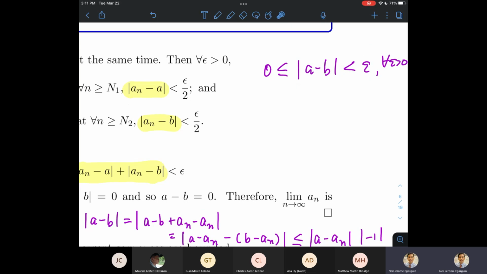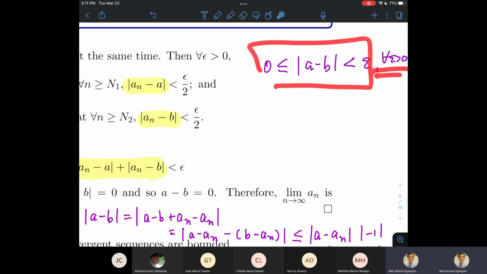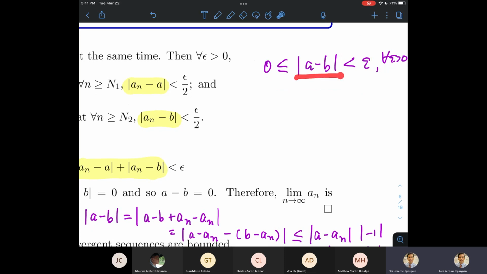So yun yung intuition dito. Kapag nakita ka ng ganito, natotoo siya sa lahat ng epsilon greater than 0, so dapat itong nasa gitna ay equal kay 0. Kasi kung hindi siya 0, imposible nang maging mas maliit siya sa lahat ng positive real numbers. Okay? Which makes sense intuitively, all right?